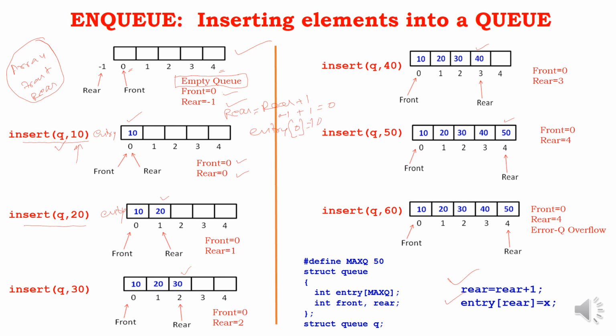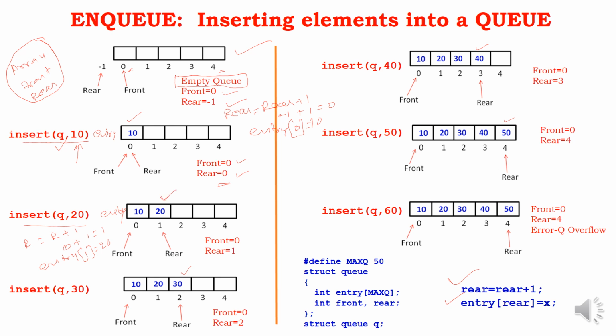Next time, when you want to insert 20, again rear plus 1. What is rear in the previous case? Rear is 0. So 0 plus 1 is 1. Entry of rear is x, which is 20. Since the array name is entry, entry of 1 is 20.